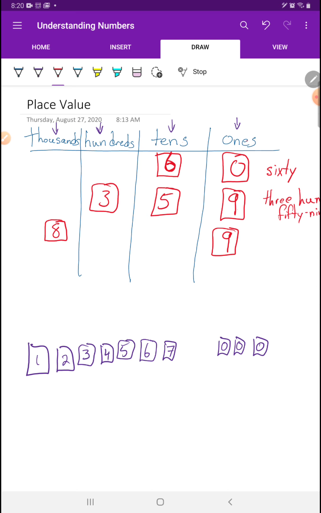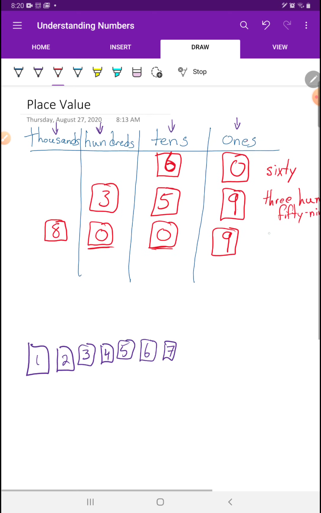Well, we can't have a number like that. That doesn't make sense. We've got to have something here and we've got to have something here. Well, what do we put? If I don't tell you what to put there, if I don't say put a 4 in the hundreds place or put a 7 in the hundreds place, what do you put? Well, always, if you don't get told, you put a 0, always. So you're going to put a 0 in that spot, and you're going to put a 0 in that spot, just like that, see?